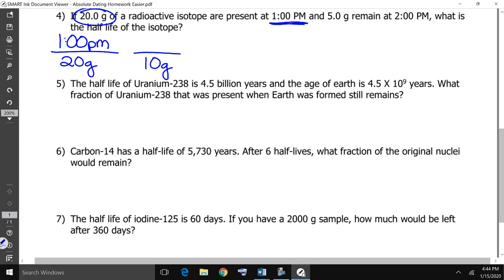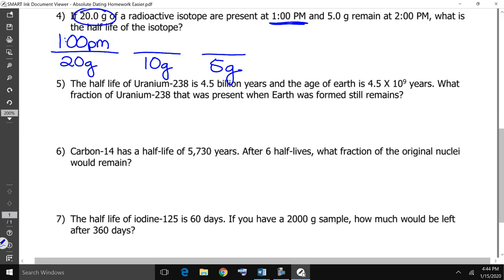So, clearly it's not 1 hour, because if that was the half-life, it would have already gotten to 5. It is not. So, clearly it needs 2 half-lives. 10 divided by 2 is 5.